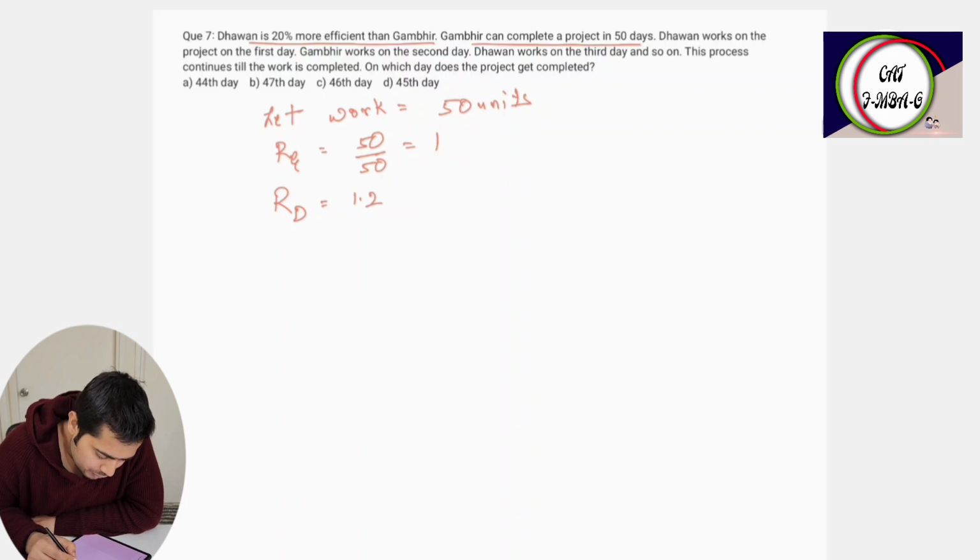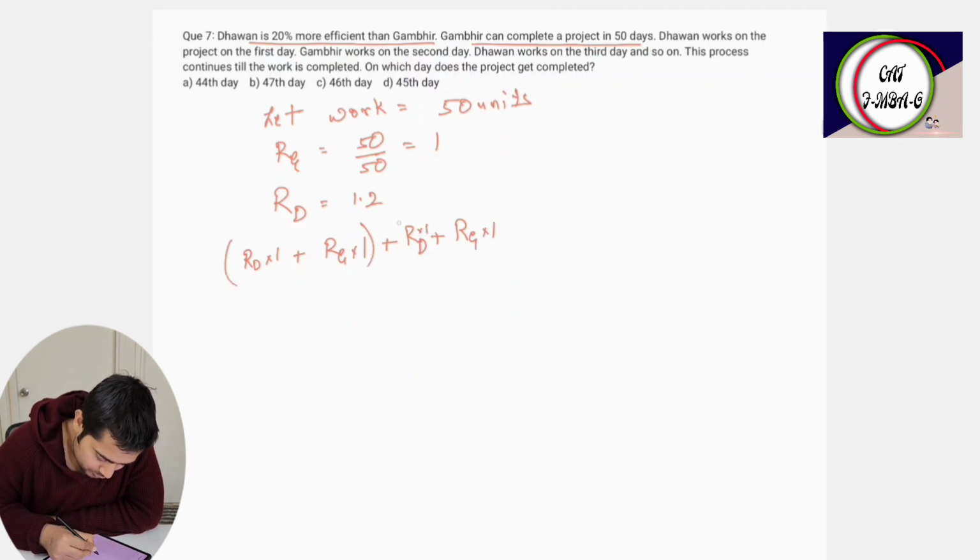Now Dhawan works on the first day into 1.2, Gambhir works on the second day into 1, Dhawan works on the third day, and so on. This process continues till the work is completed.